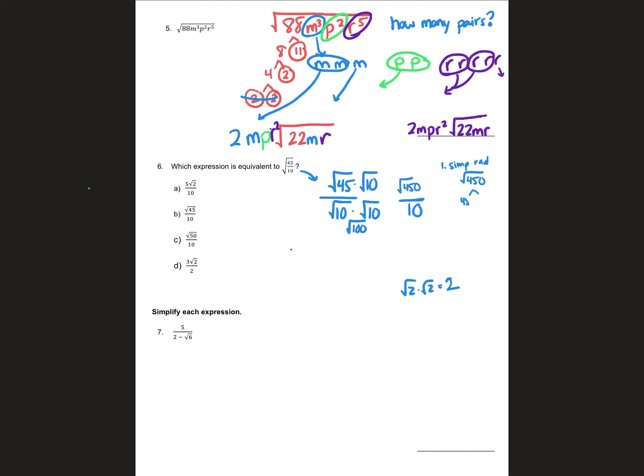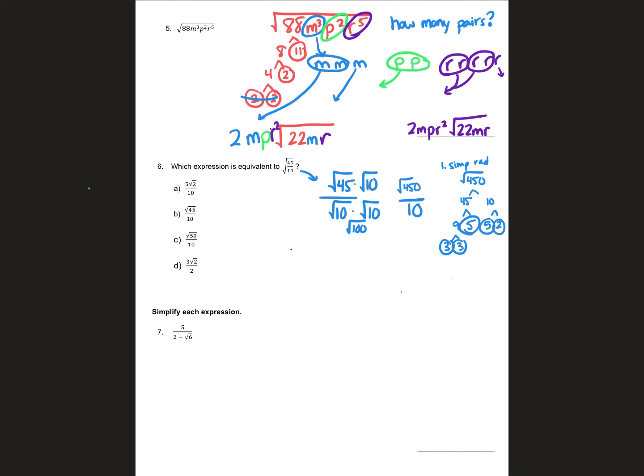Remember, I started with 45 and 10, so I can go back to that or two other numbers if I want to. So 45 is 9 and 5, and 9 is 3 and 3.